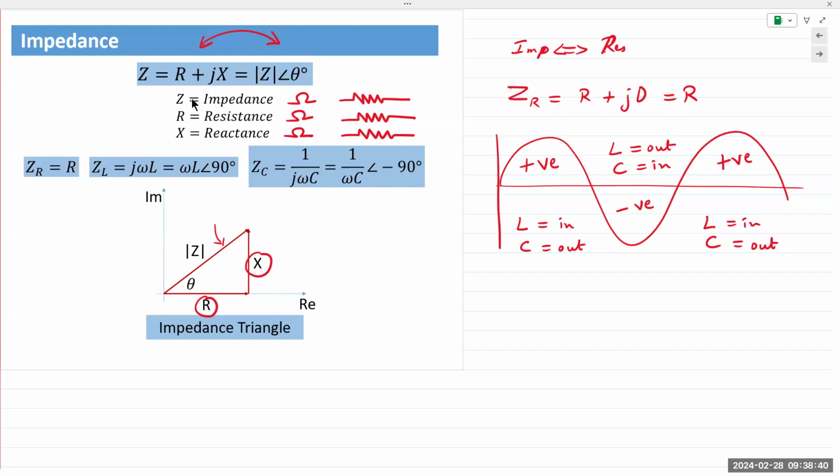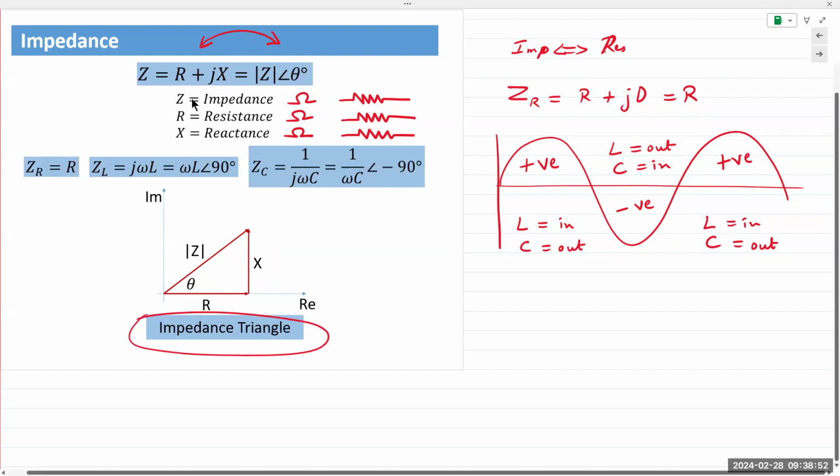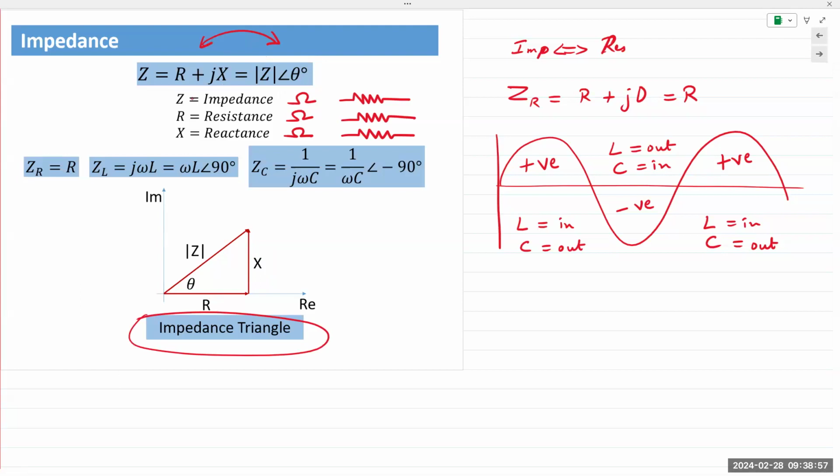You have the magnitude of the impedance and the phase angle of that impedance. That is known as the impedance triangle. Z equals R plus jX gives you the impedance triangle. All right, 10-second pause. Let me know if you have any questions. Any questions at all?